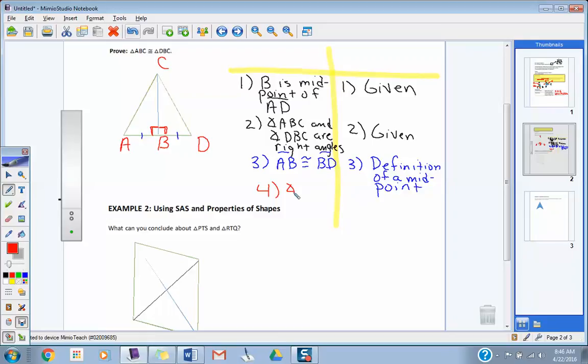I'm going to write this for step 4. Angle ABC, whoops, I got that wrong, is congruent to angle DBC. The reason is they both equal 90 degrees.